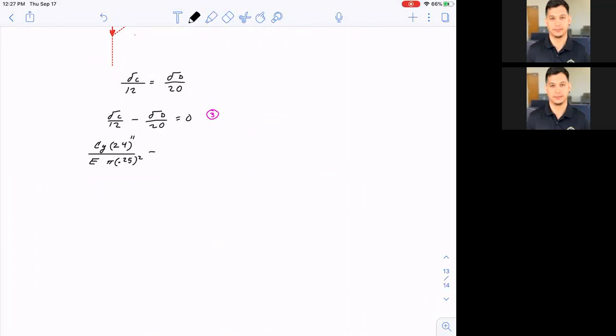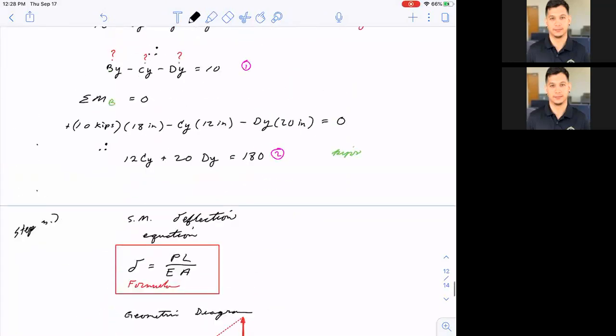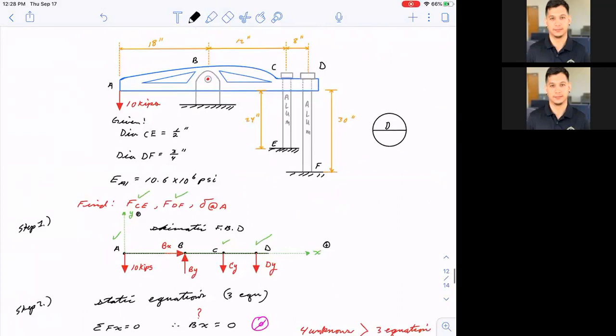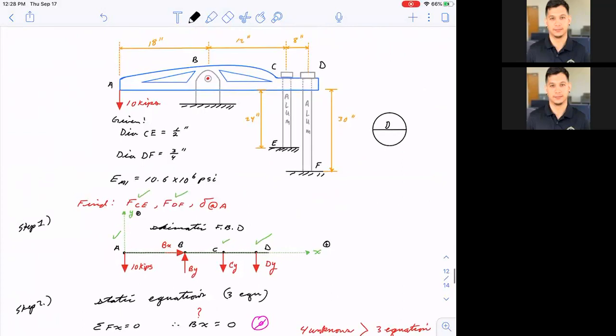Oh, and then remember we have 1/12 being multiplied by it. And then we have 1/20th d_Y. What is the length of it? The length is 30.